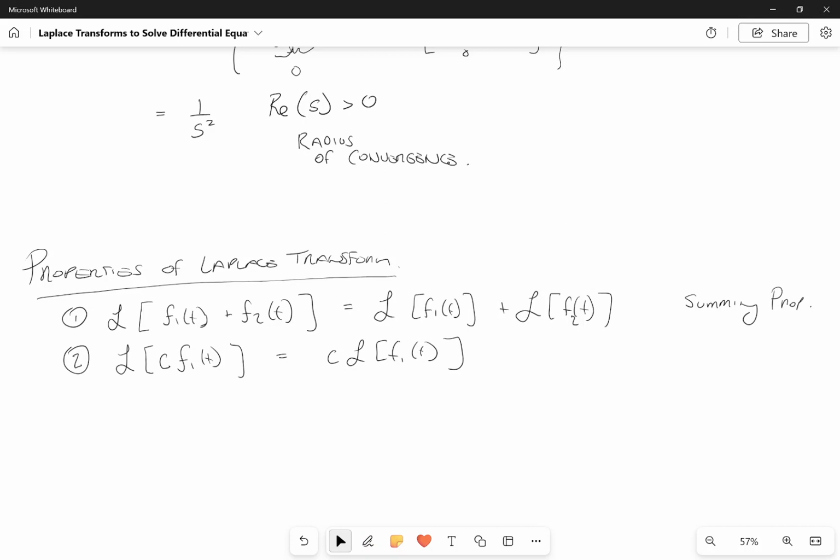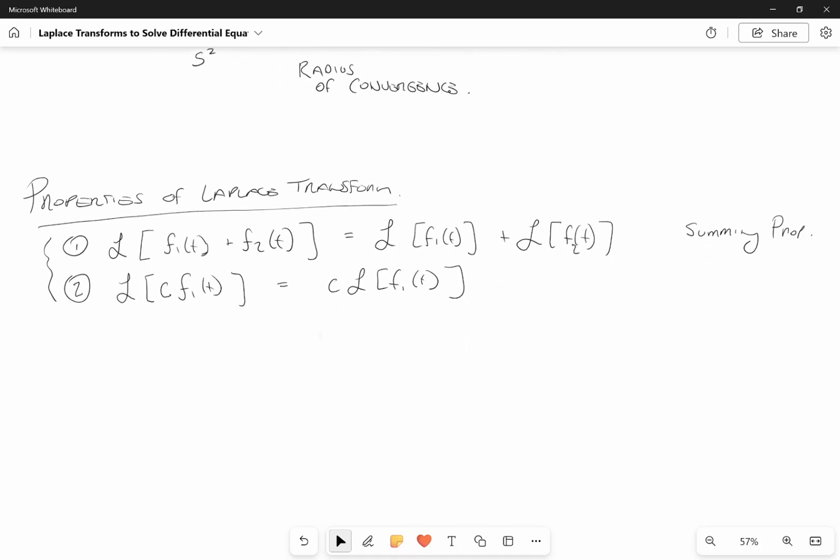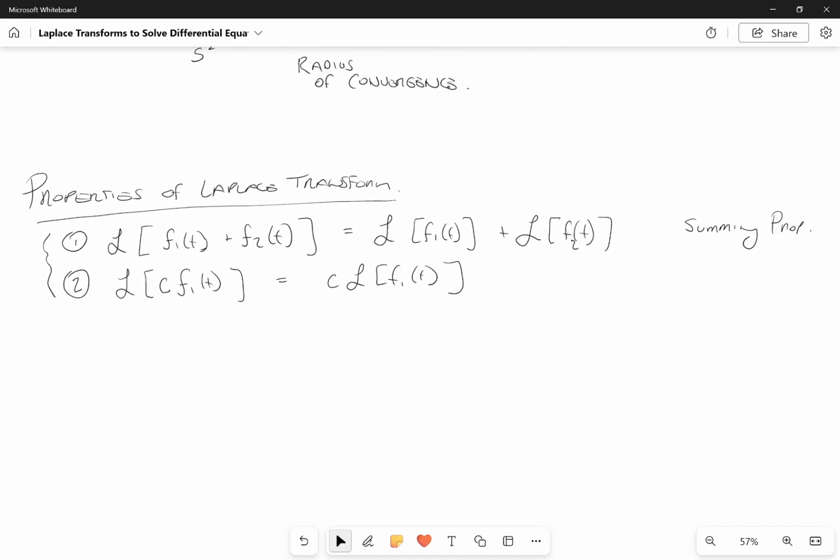Now these two properties can be taken together, and together they're known as the principle of superposition.